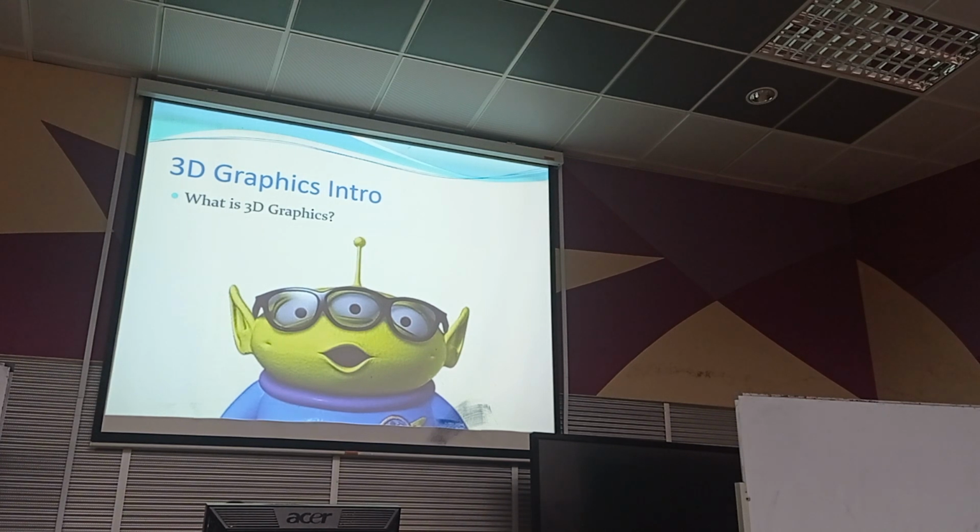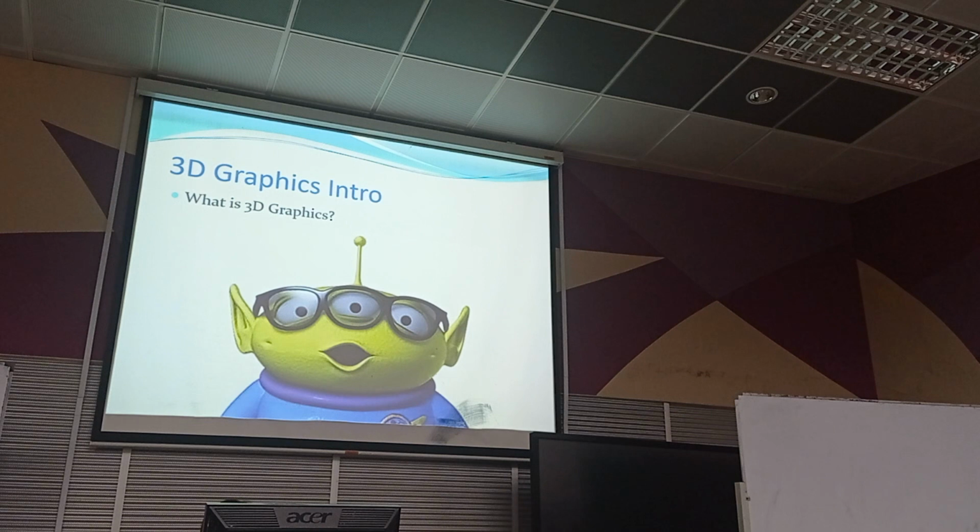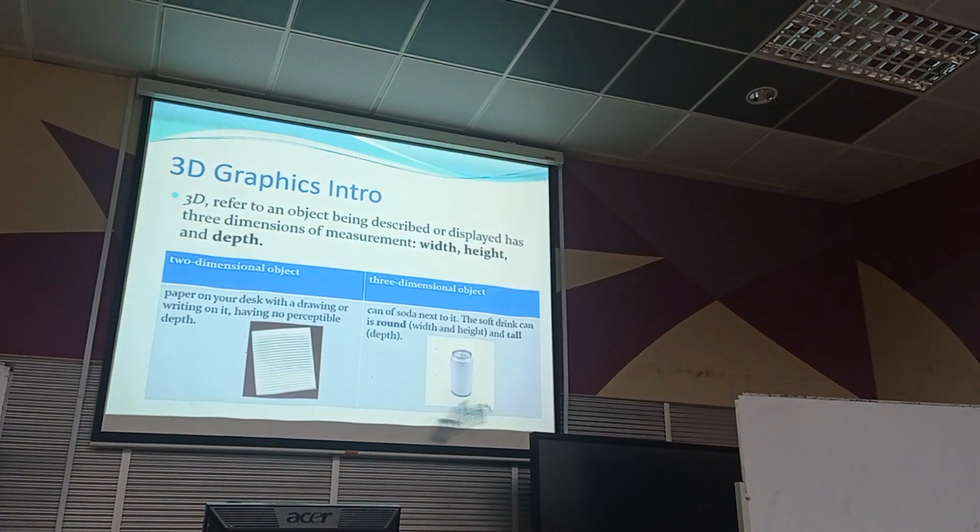So 3D graphics can show on a 2D computer screen when you have the illusion of depthness, the third dimension, the z-axis. 3D refers to objects that have 3 dimensions: width is x, height is y, and depth is z.